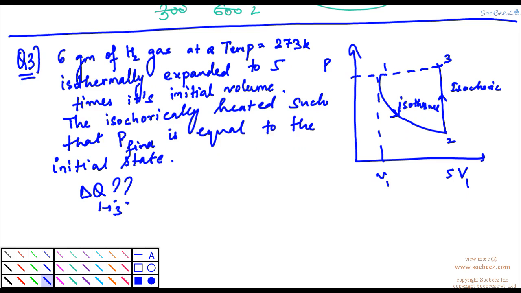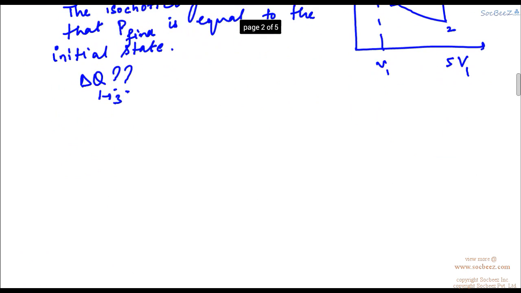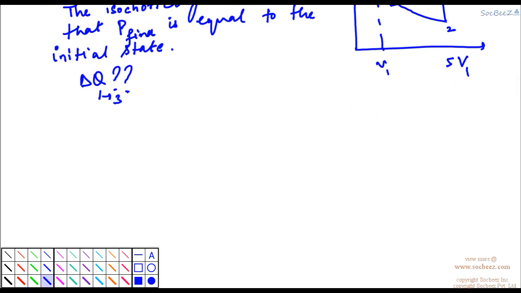So now you have to find out the total heat input or heat taken in the whole process. So one thing is for sure, this 1 to 3 could be split into two parts, that is the heat intake in the process 1 to 2, and the heat intake in the process 2 to 3, right?